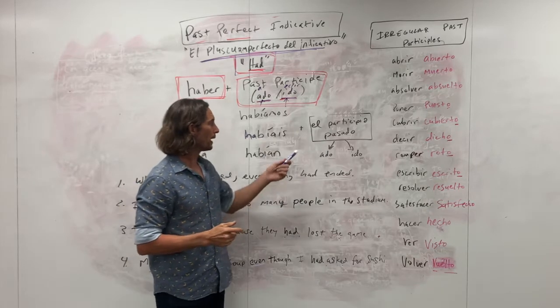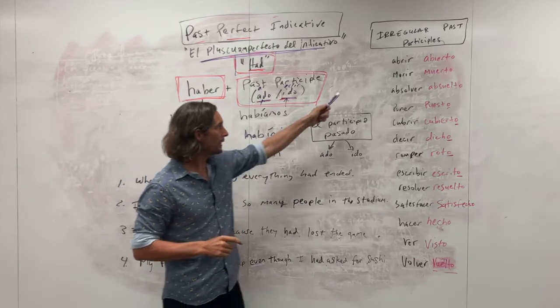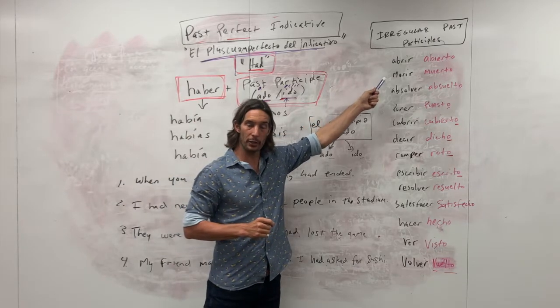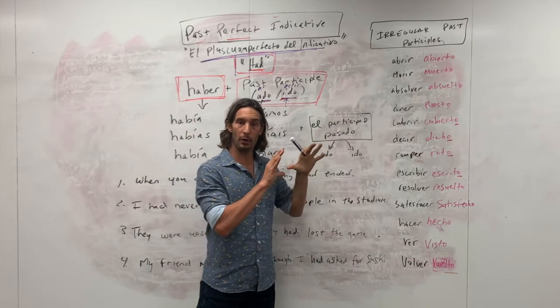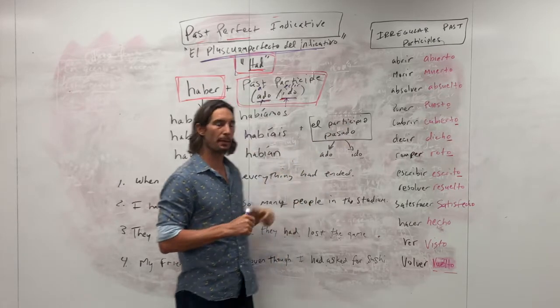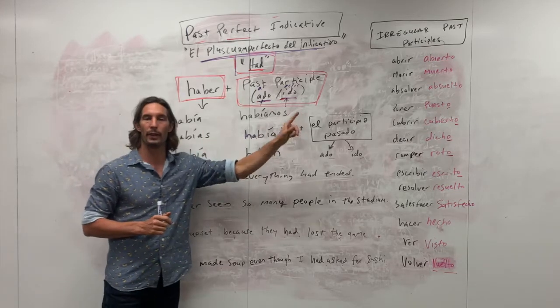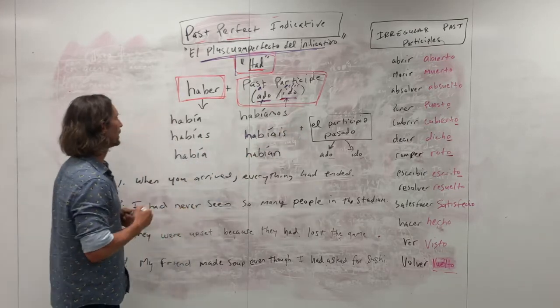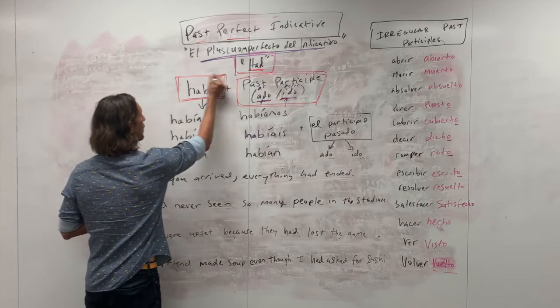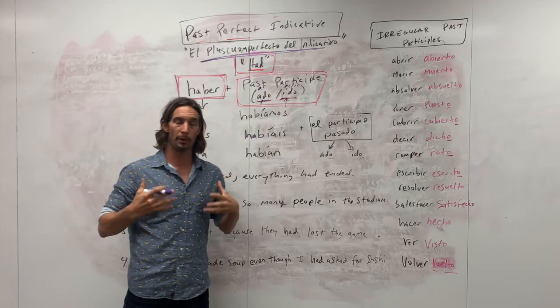That's also known as el participio pasado in Spanish. And then again, the irregulars will have their own form, and I'm going to talk about that as well. But let me get back to haber, and then we'll make our way over to look at those irregulars. Haber, being the helping verb or auxiliary verb, is used in all perfect tenses.